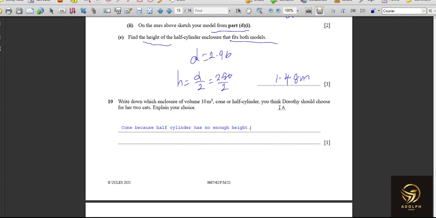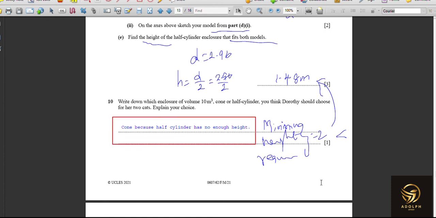The minimum height required is 2, but this is 1.48, which is less than our expectation, so we are selecting our suggestion as the cone.